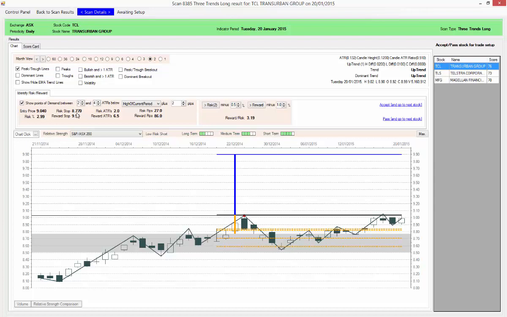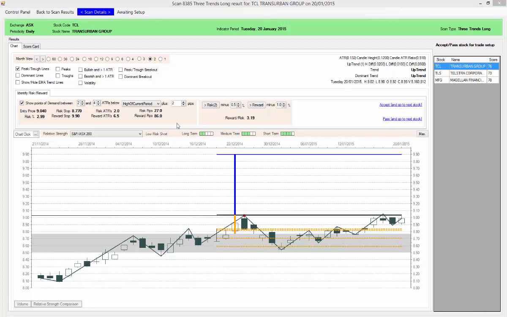You mightn't like exact numbers. You might want to say, well, $9.90, that's still a bit round for me. I'd like to just go 1 pip again below that, at $9.89, $9.87, $9.83, whatever you feel comfortable with. But take it that the whole purpose of this indicator is to give you a comfort feeling that it's in a good reward to risk ratio.